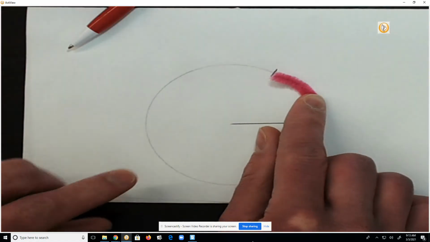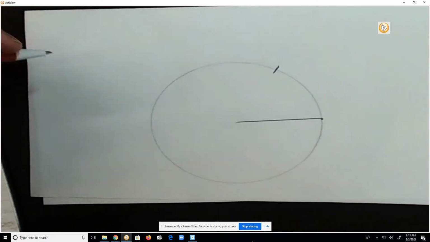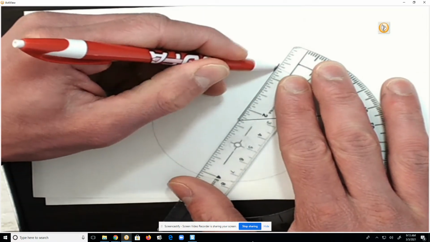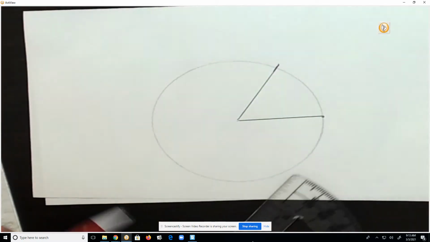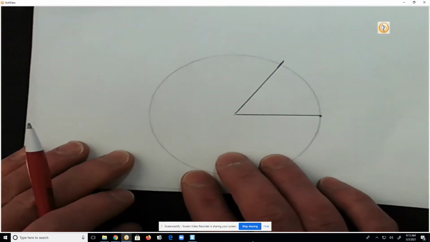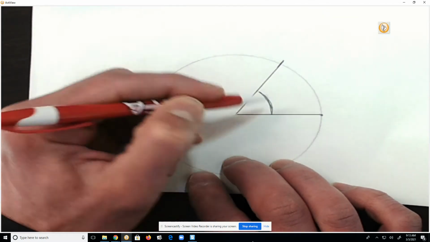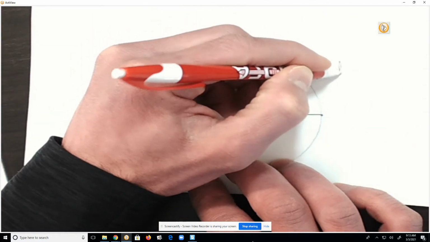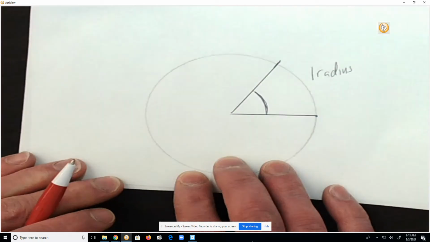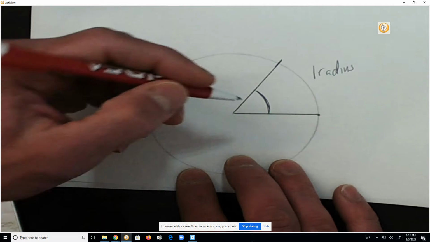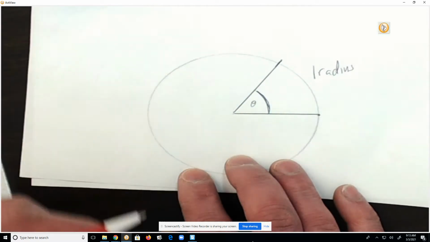So if I connect my center to that mark I made, this angle is exactly the angle that opens up to exactly one radius length of my circle. Okay, so that angle right here, call it theta.